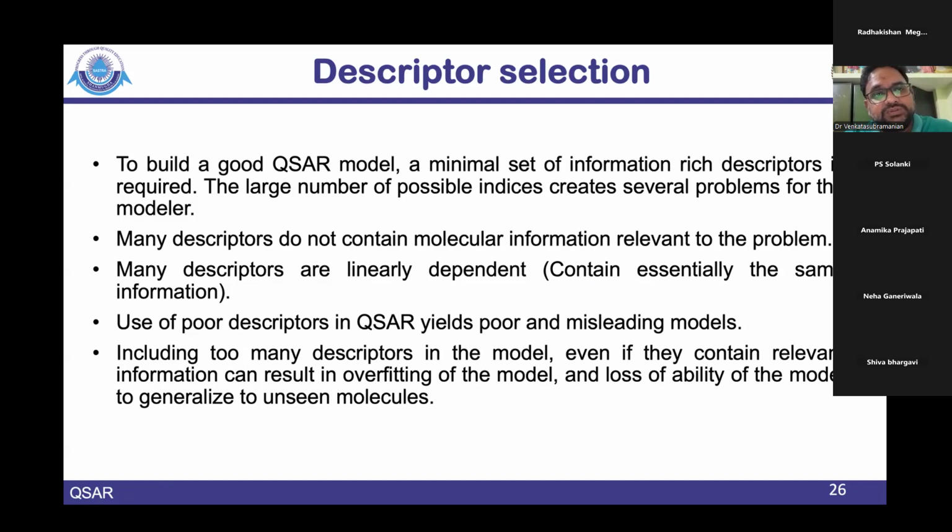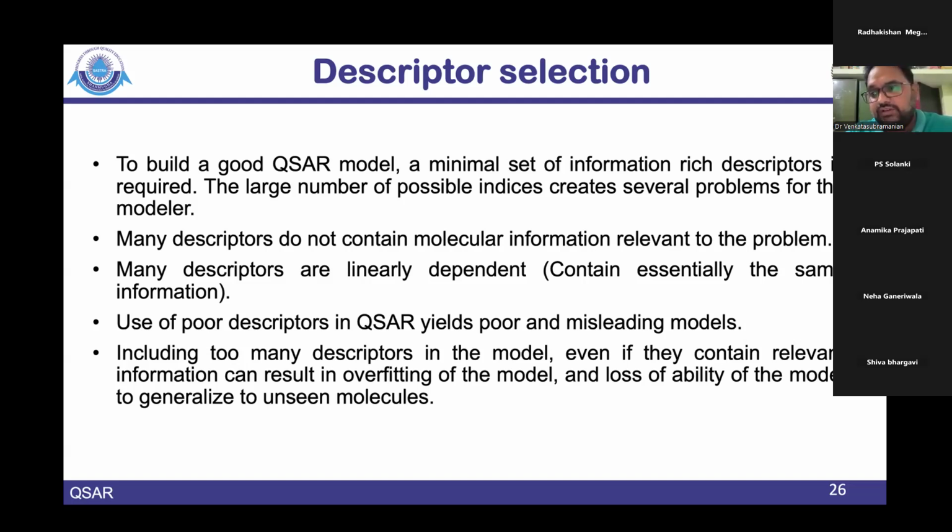Our objective is to select the descriptor that is suitable for the data set. If all the molecules are lipophilic, we don't have to worry about lipophilicity. If all the molecules have at least 4 or 5 hydrogen bonding donors, we don't have to use that as a descriptor.